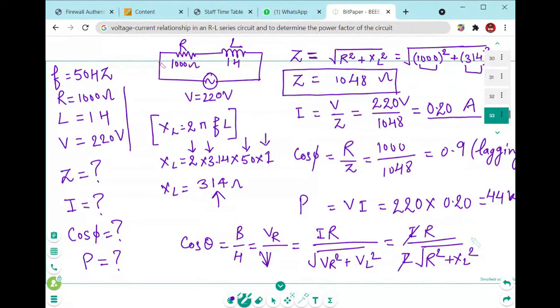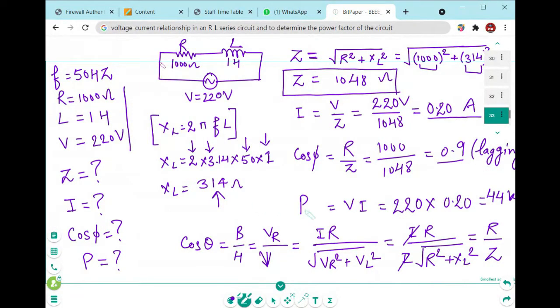I is common in both, so I will cancel out, and you will find this equation is R upon the square root of R square plus XL square, that is Z. So this is the formula. You will put the values of the resistance and impedance, and you will find the power factor is 0.9, that is lagging.